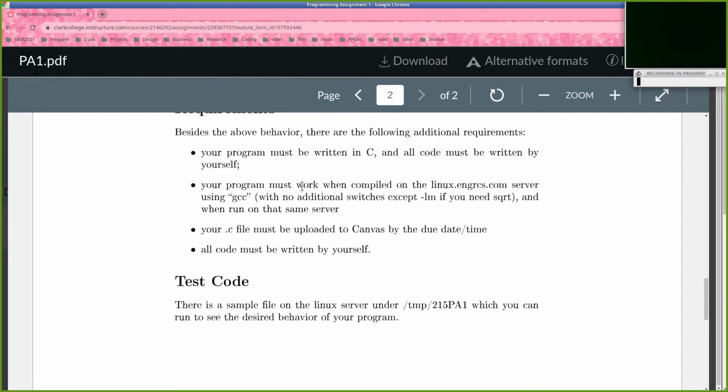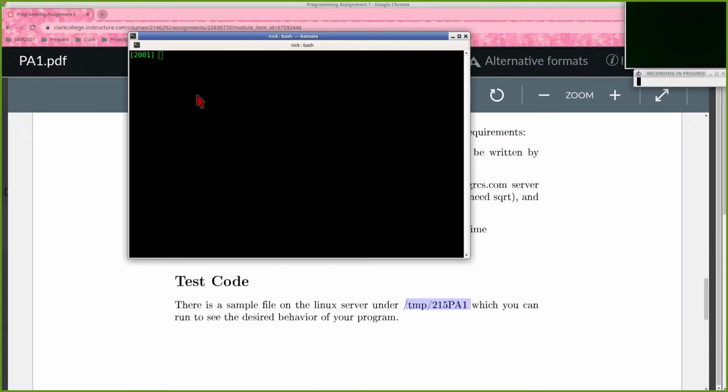And you should upload the .c file to Canvas. And if you're breaking your program into multiple pieces, then you'll want to create a tar file and upload the tar file. If you don't know how to do that, just put it all in one file and upload that .c file. And there's a sample executable under /temp that you can use to explore what this program should do.